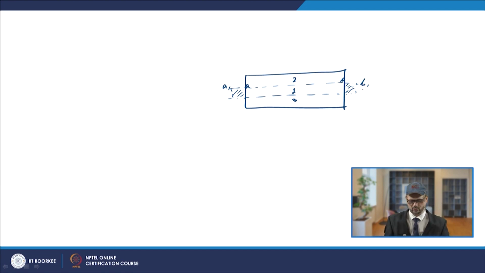So, the length of this zone will increase from AB to A1 B1. Now, zone 2 and zone 3 will be providing a restraint to the expansion of this zone. So, this zone will try to expand, whereas zone 2 and zone 3 will be restraining the longitudinal expansion of zone 1.